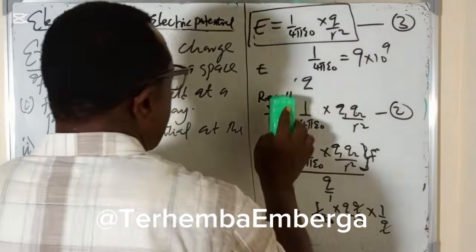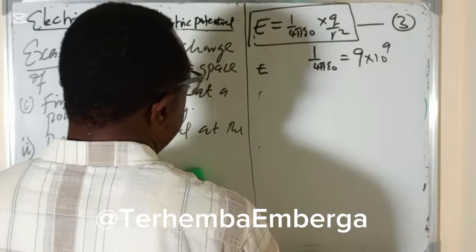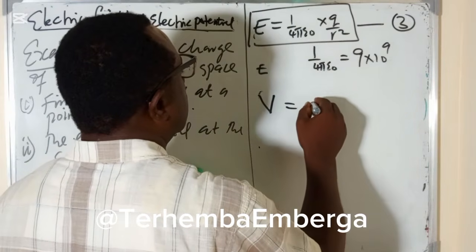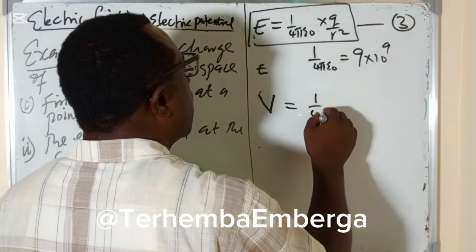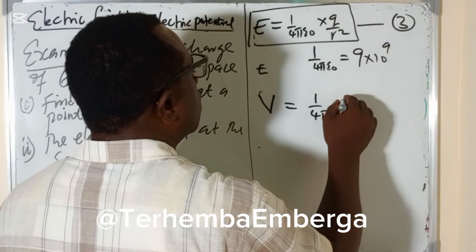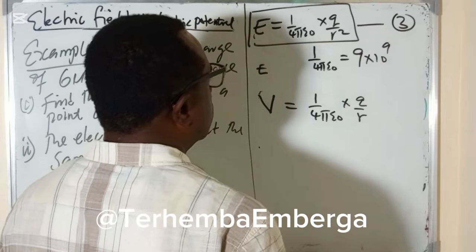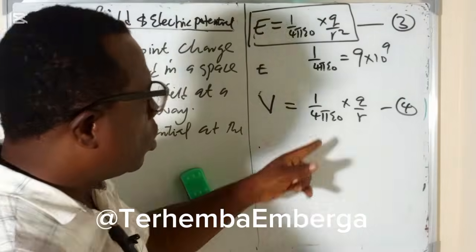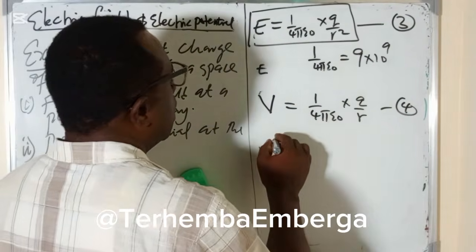And mathematically, we can define the electric potential V as 1 all over 4 pi epsilon naught times Q all over R. Please do not mix this up.